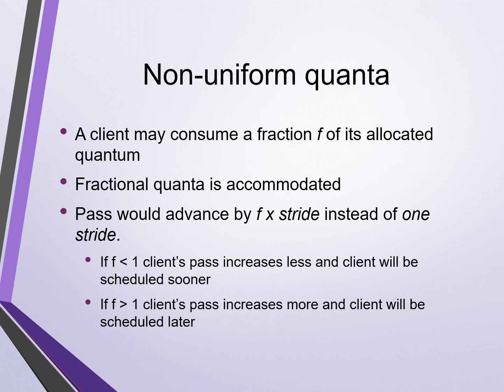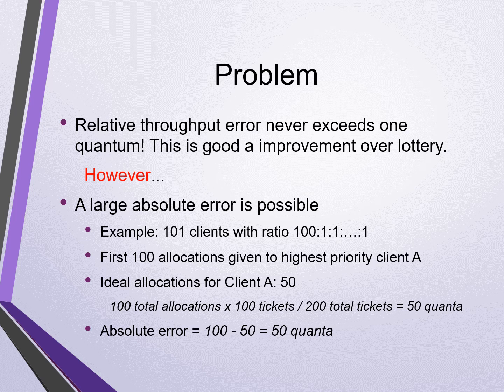The client's pass will be increased less, and it will therefore be scheduled sooner. There will be instances where a client could consume more than its allocated quantum. In that case, f is greater than 1. The client's pass will be increased more, and it will be scheduled later.